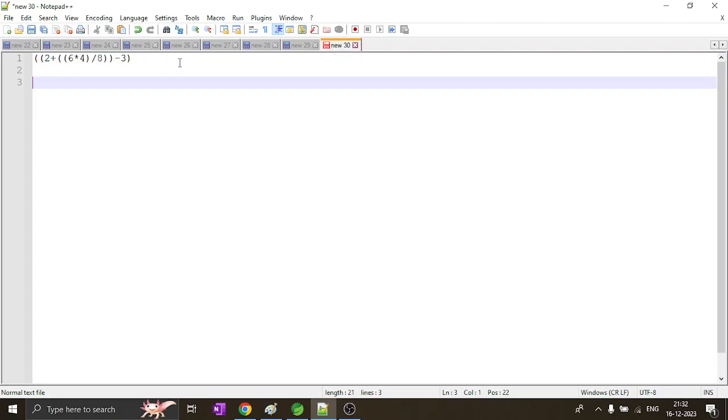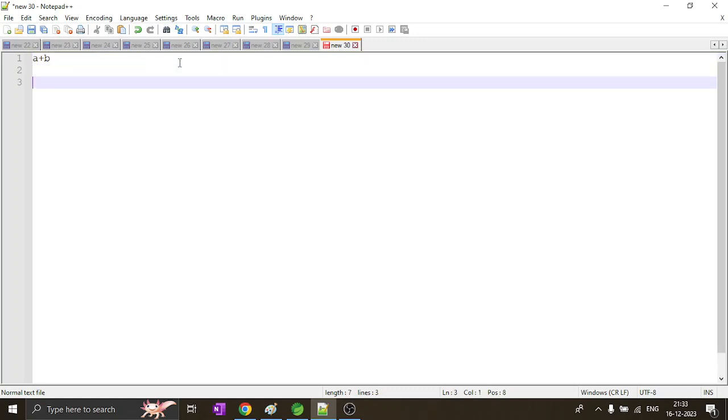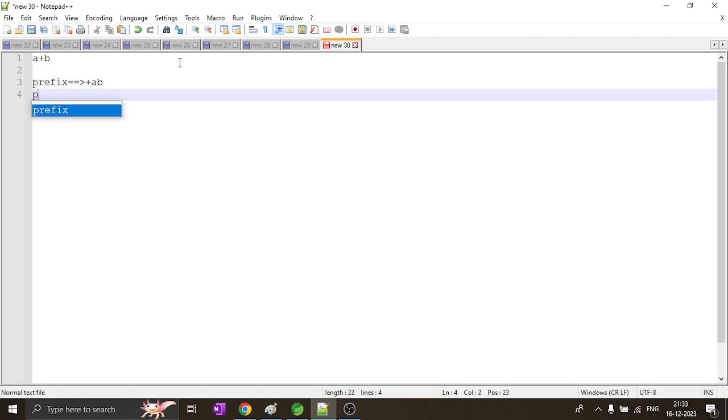Suppose we have a plus b as an infix expression, then for the prefix expression, first we'll have the operator and then the operands, and for the postfix we'll have the operands first and then the operator.